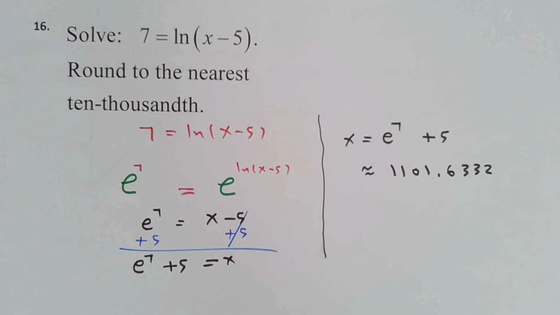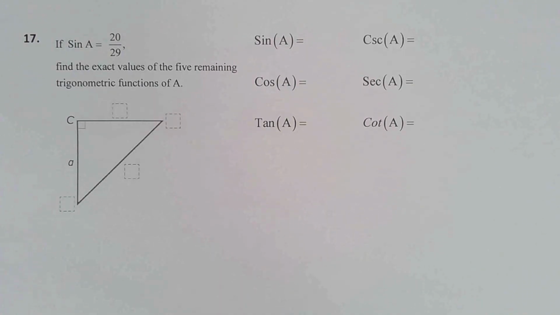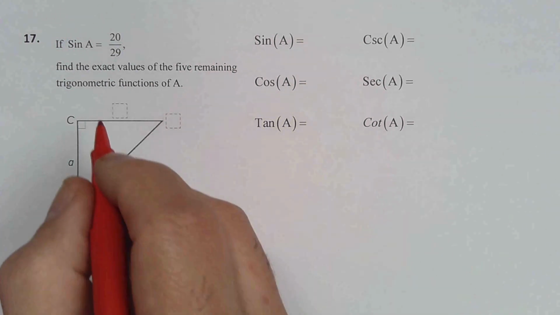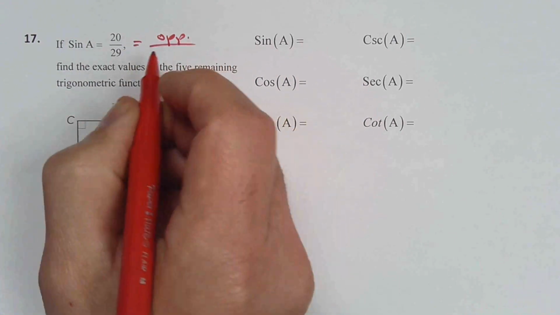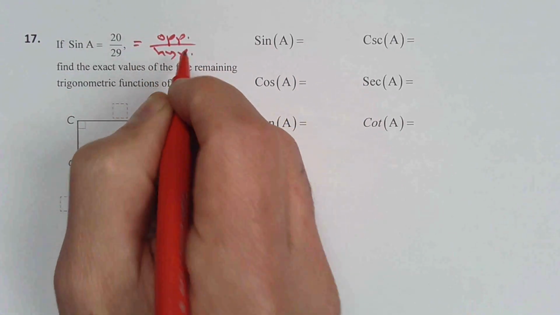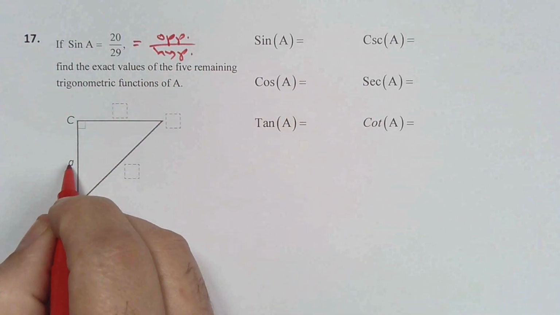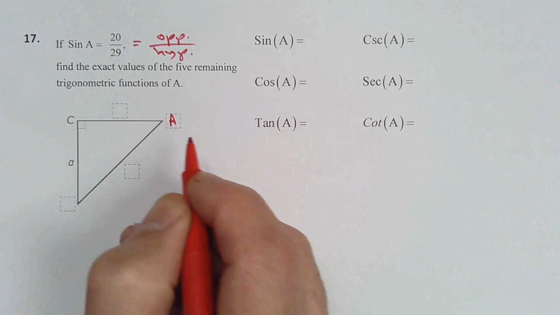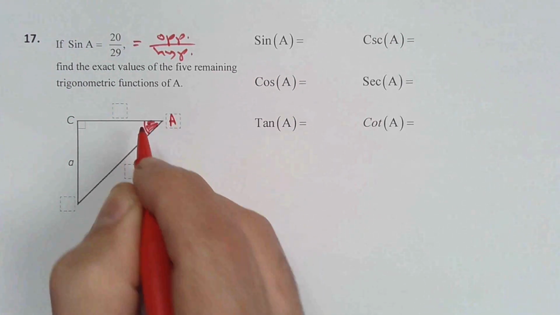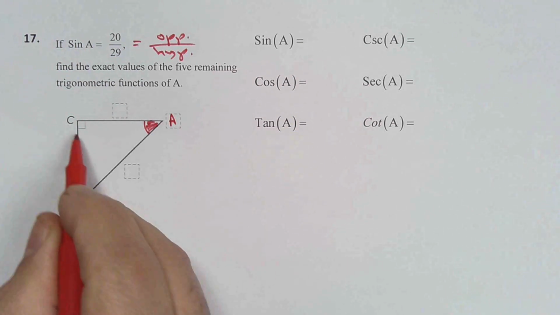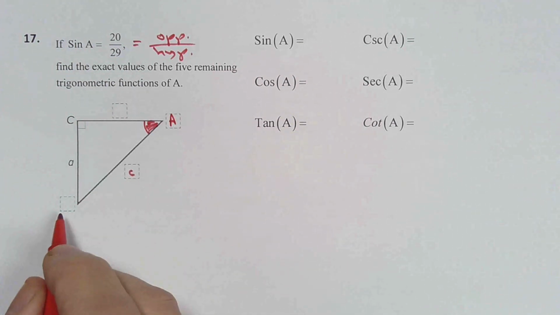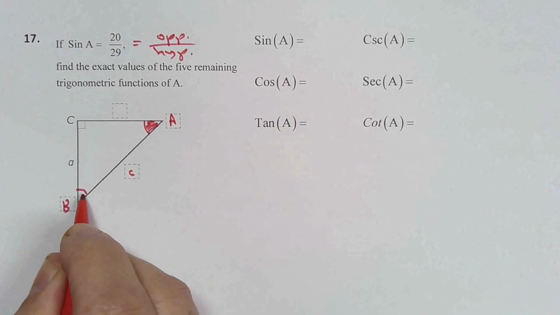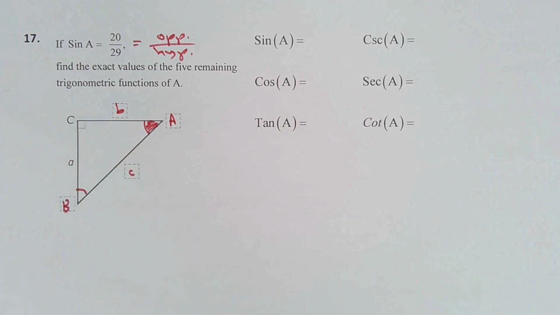Last problem. Number 17. Given sine A equals 20 over 29, and that is the opposite, the ratio of the opposite to the hypotenuse. And since this is small a, that will be capital A, the angle A, and it goes this way. This is small c, the hypotenuse, and the only one left is angle B, which means this is side b.